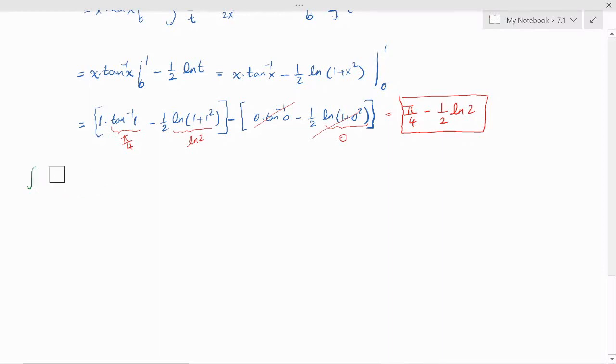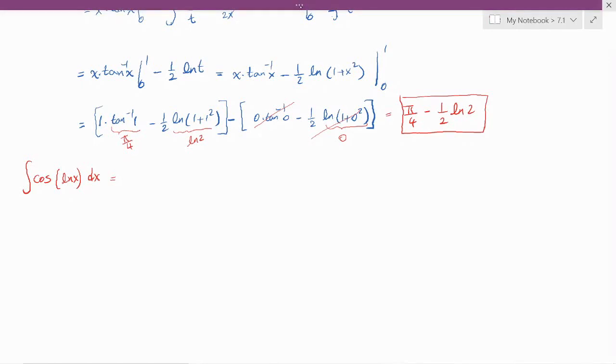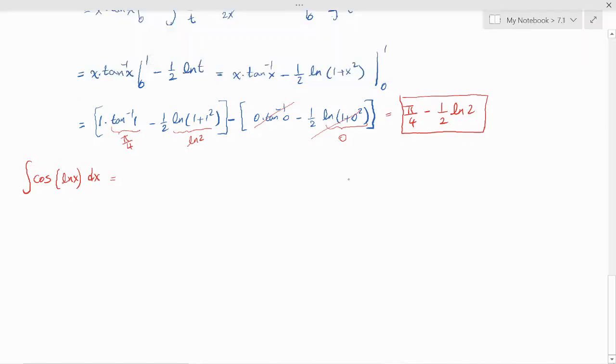Let me write the question better. Sorry about that. So the question is the integral of cosine of ln x. So ln x is an input to the function. Normally in this case, you pick a substitution, right? We say, okay, let's call ln x our substitution, call it t.